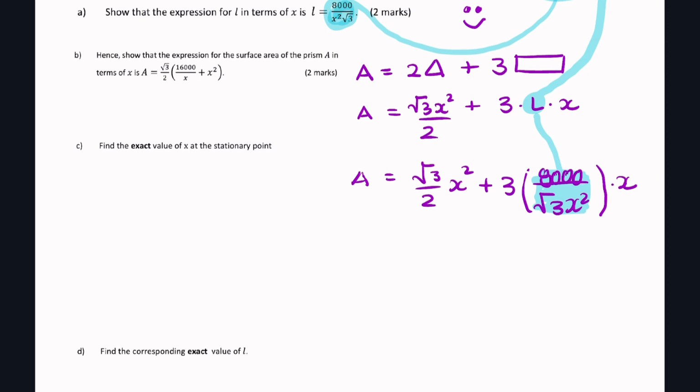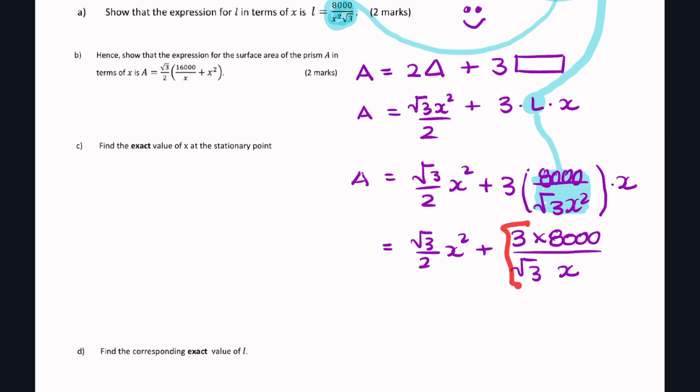So that will give me root 3 over 2 x squared plus, it looks like this x will cancel with one of those, and then you've got 3 times 8,000 over root 3 x.